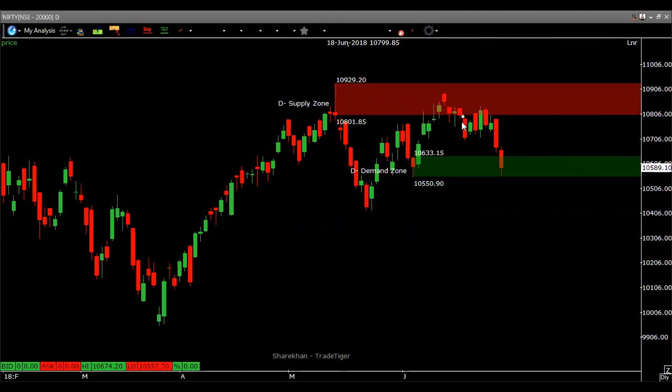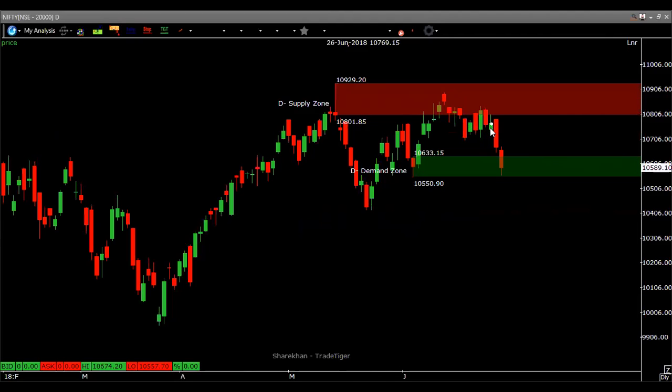So this is definitely a pro gap. And as discussed earlier, a pro gap into an area of supply is definitely a good trading opportunity. So the fill of this gap could have been a good area to go short.